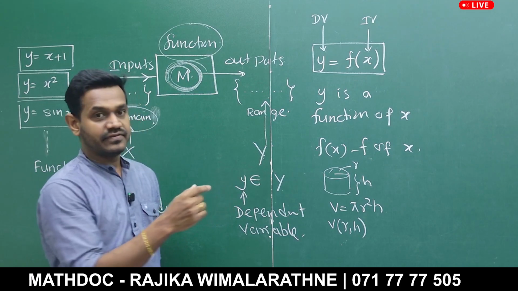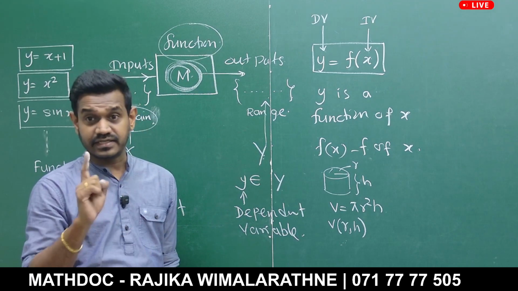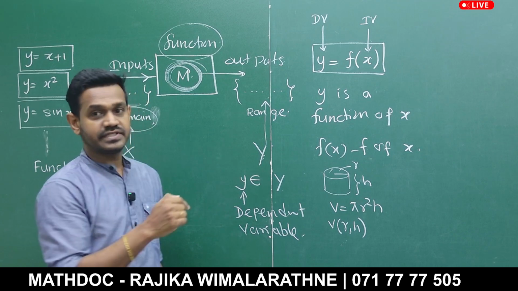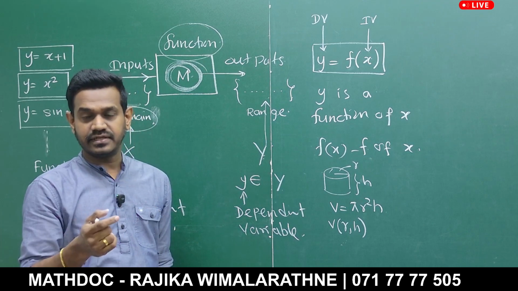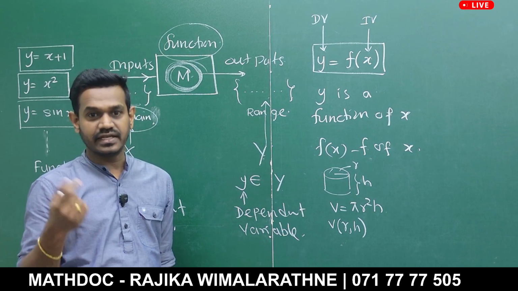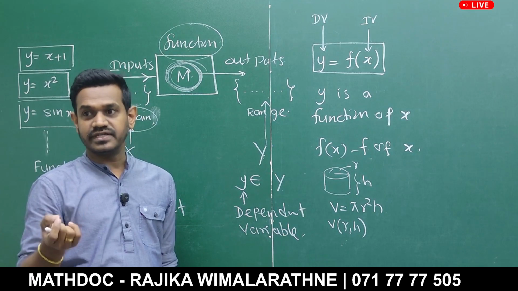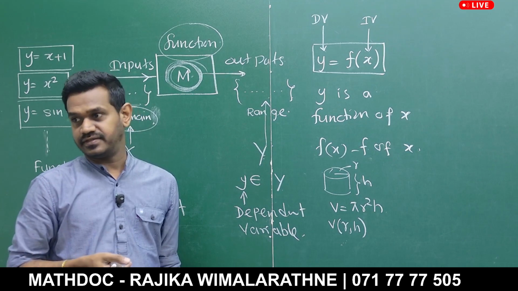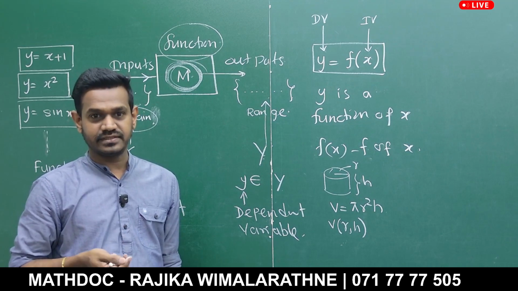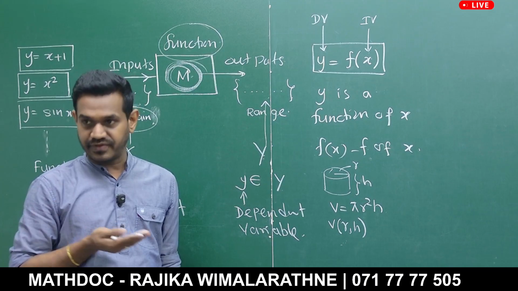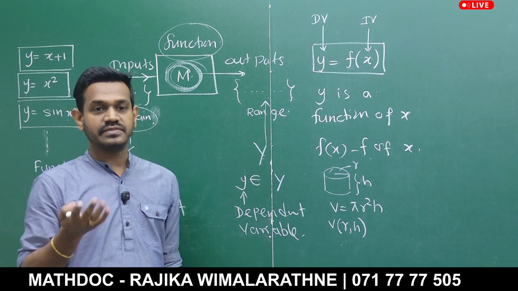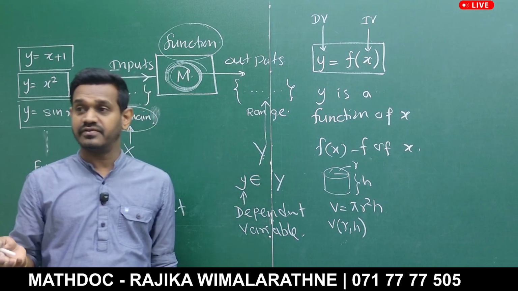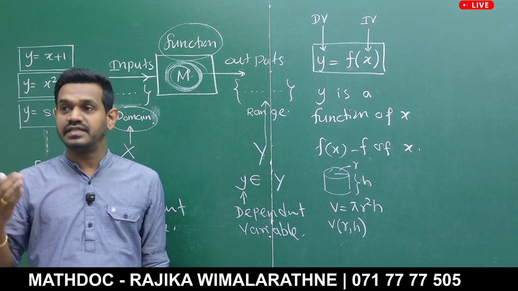To analyze the real world, we need functions. We live in an artificial world, a digital world, and a mathematical world, and all those worlds basically run with multi-billion functions. All the things are made by many functions.